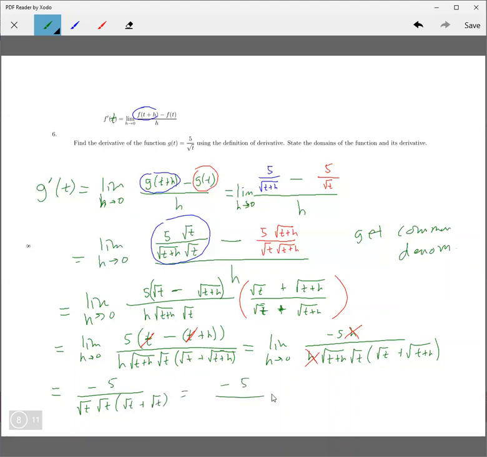So that's negative 5 over, this one combines to be t. So 2t root t. So this right here is 2 root t. This right here is t. So that should work. Yeah, so that's the derivative.